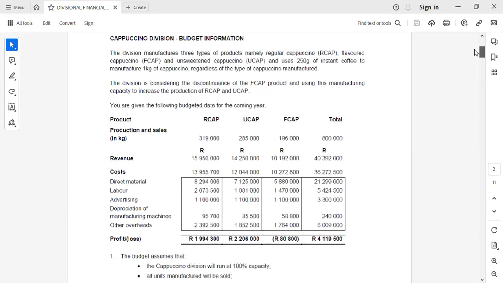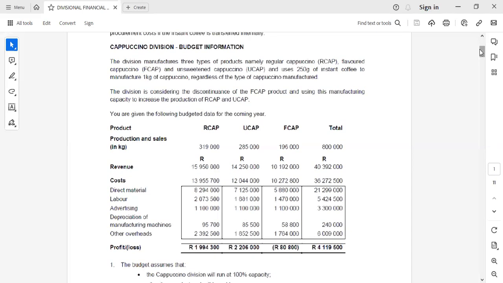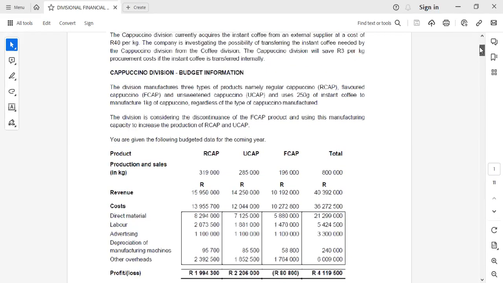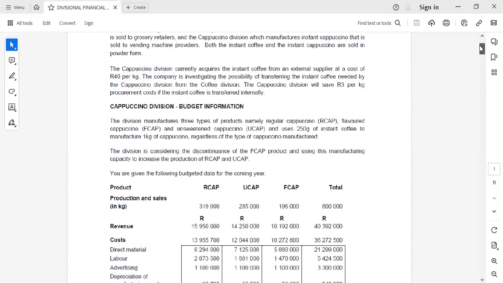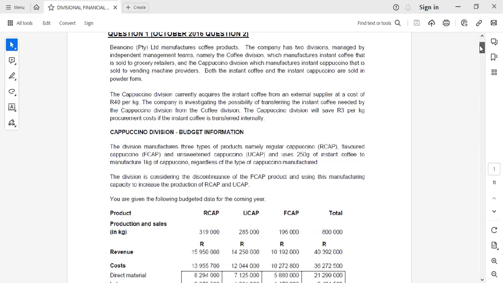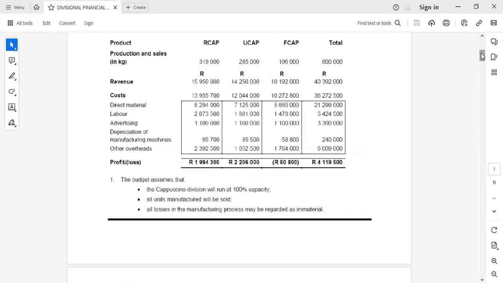Normally you'd find that if they are selling internally, there might not be any need for packaging and stuff like that. I just want to check if they gave us any instruction on that.